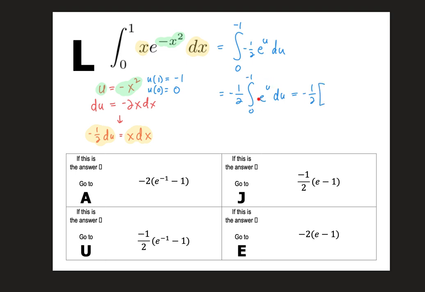The antiderivative of e to the u is e to the u. When you have a definite integral that has limits, we'll do the evaluation bar. All that means is plug in the top limit to u, plug in the bottom limit, and subtract. All right, and then e to the 0 is 1, so it just becomes that.